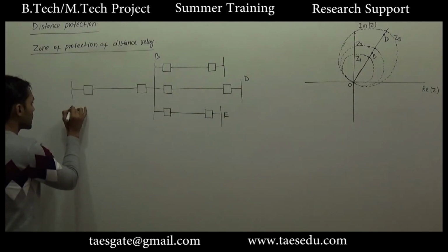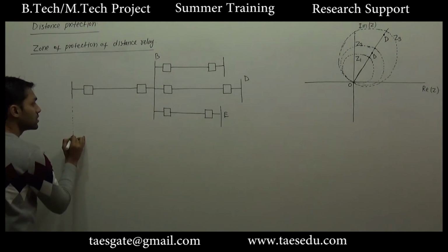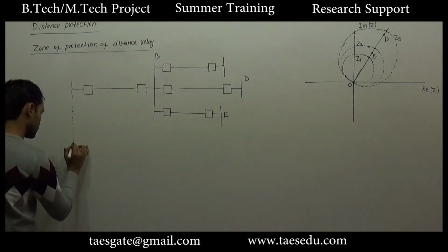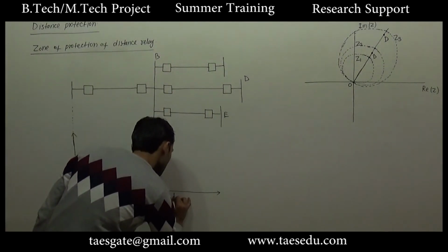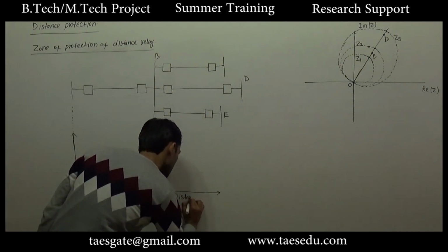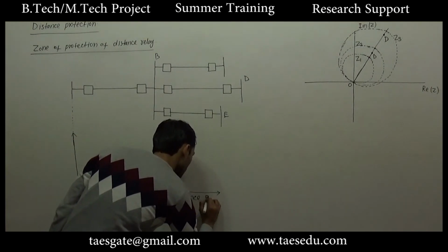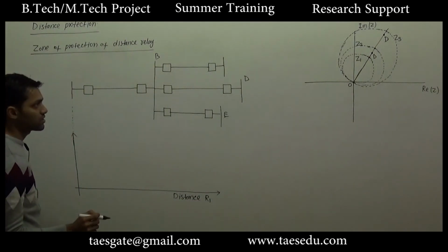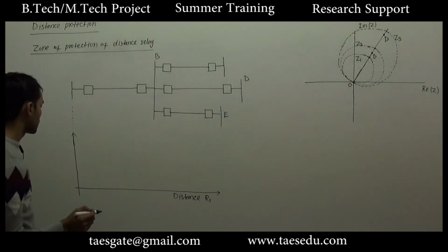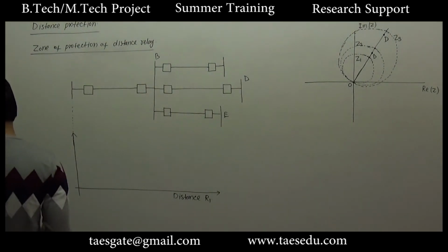Now let us draw the time diagram of the 3 zones of protection. This represents distance from relay R1. Zone 1 protection should be extremely fast without any delay.